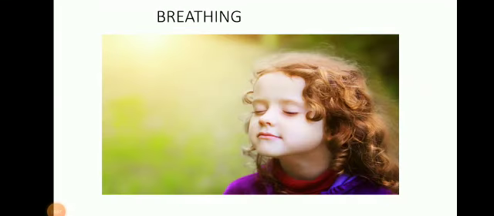All living organisms inhale and exhale air from their surroundings. Many organisms have specialized organs for it. Plants have a specialized organ called stomata for exchange of gases. Now, we human beings breathe with our nose.